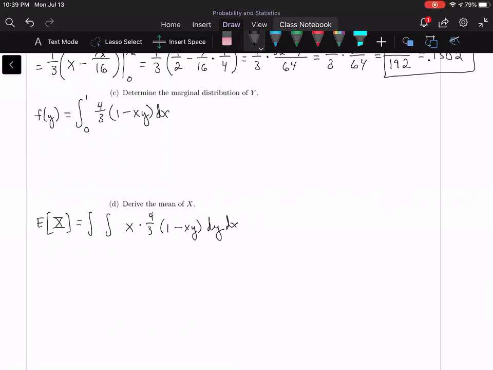The order actually doesn't matter in this case. 0 to 1 for the limits of integration for both variables. And this is what you're going to want to evaluate for part D. And so again, I'm going to pause the video. I'm going to give you some time to try to get answers for both of part C and D in this problem.